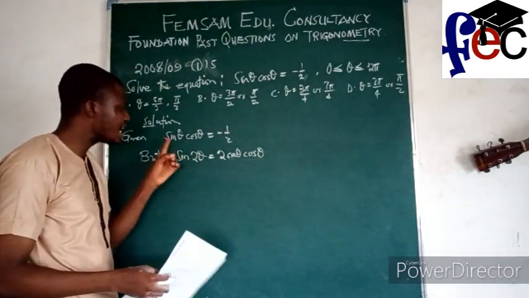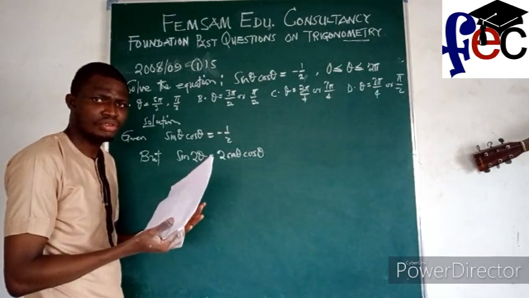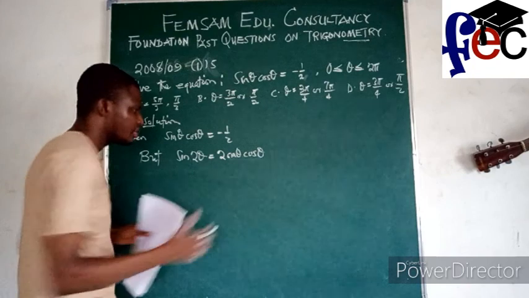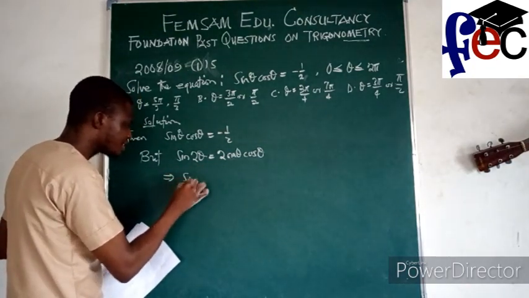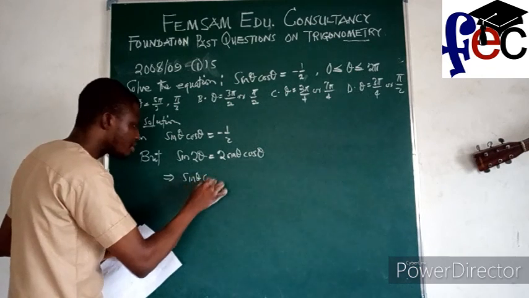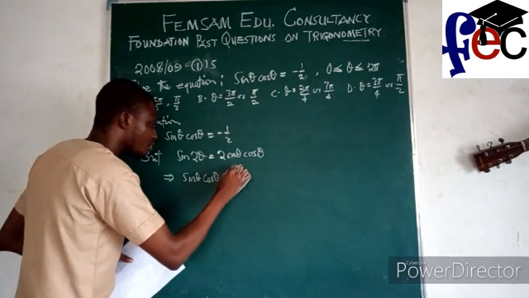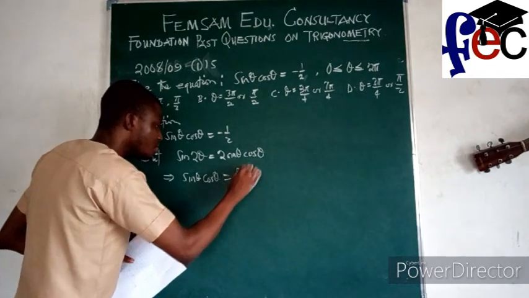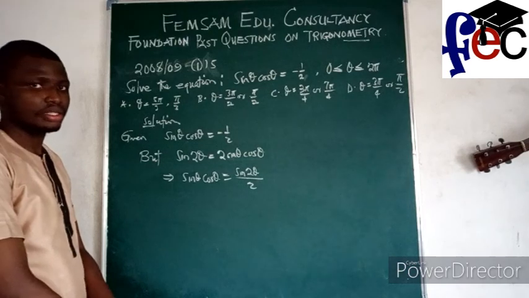That means I can express this as a single trigonometric ratio. If I divide both sides by 2, it means that sine theta cos theta is the same thing as sine 2 theta divided by 2, or half of sine 2 theta.